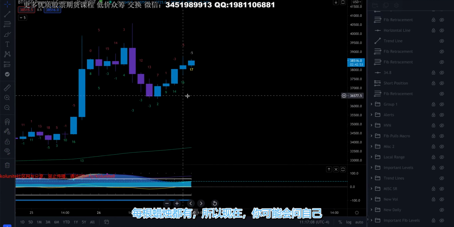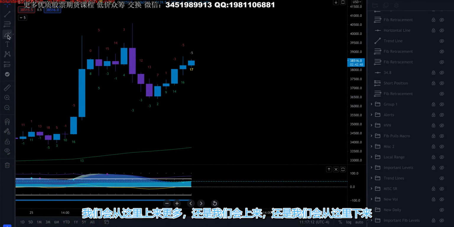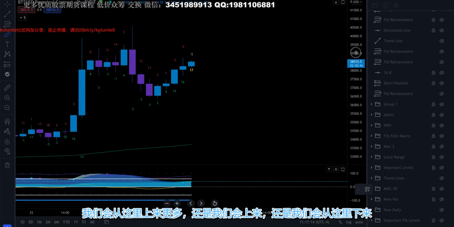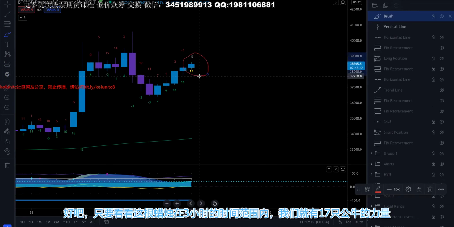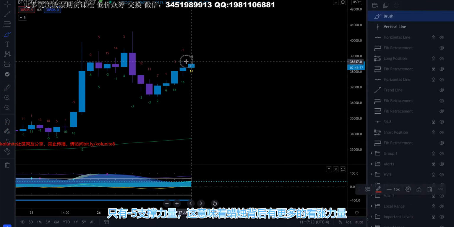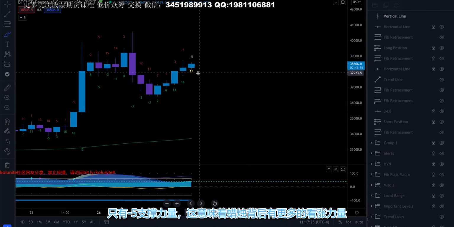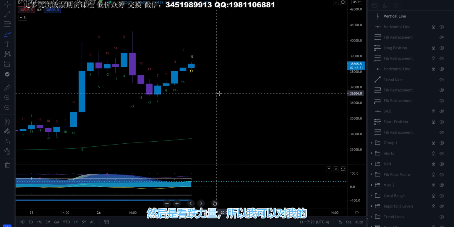So right now, you might be asking yourself, are we going to come up more from here, or are we going to come down from here? Well, just by looking at this candle on the 3-hour time frame, we have 17 bull strength and only -5 bear strength, which means there's much more bullish power behind this candle than there is bearish power.